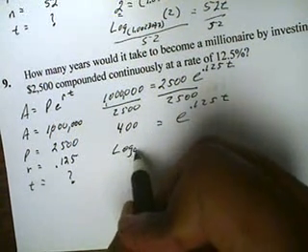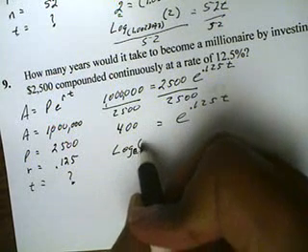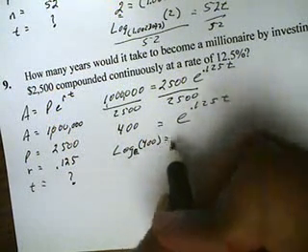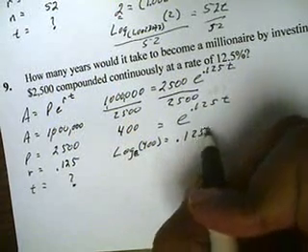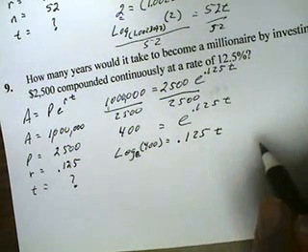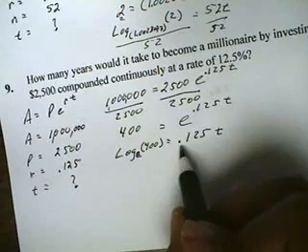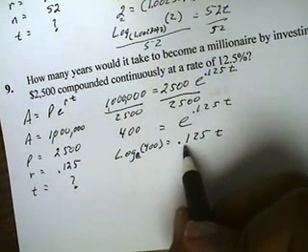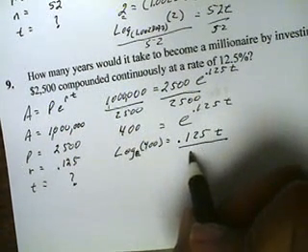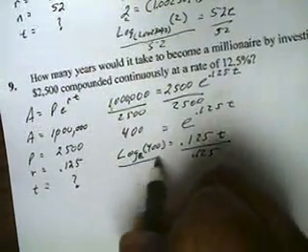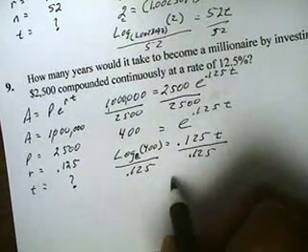So this will be log base E of 400 equals 0.125 T. And thirdly, we want to get rid of the 0.125, so we divide by 0.125 on both sides.